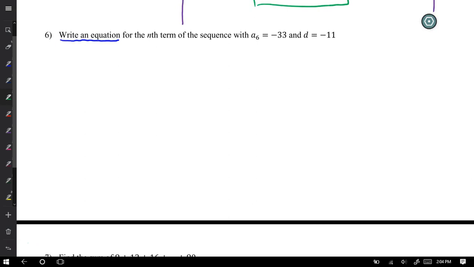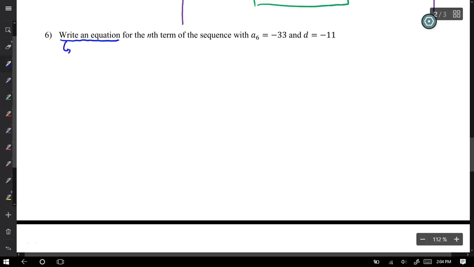This one's a little bit different though. We're not given a full arithmetic sequence. We're just given little information from it. So in order to end, I want to end with a sub n equals a1 plus n minus 1 times d. I want to write the equation for the nth term of the arithmetic sequence. So I need a1.